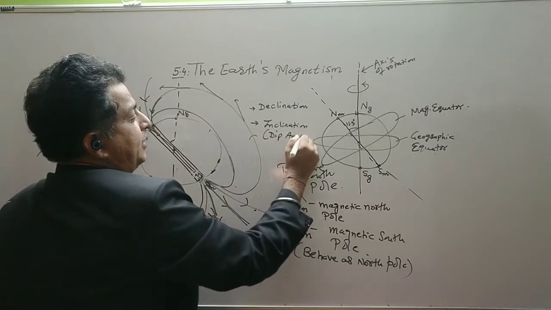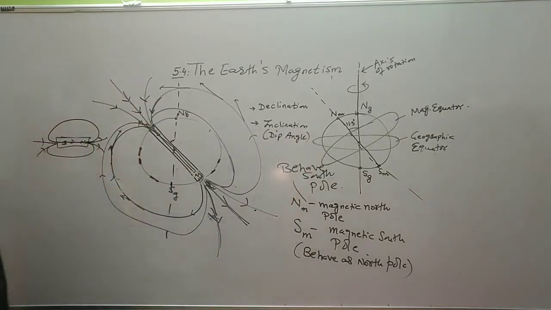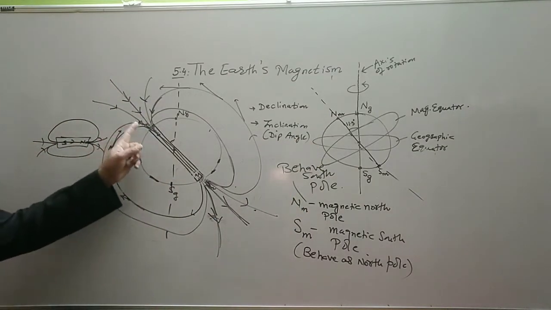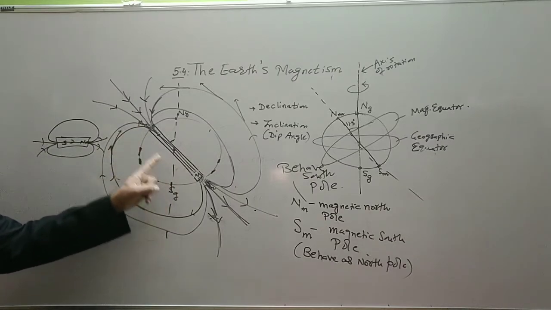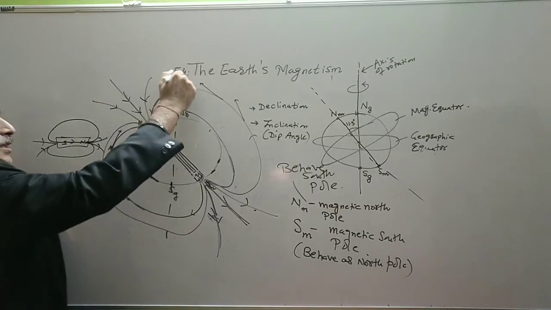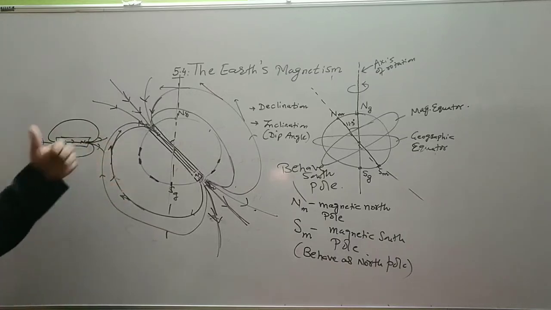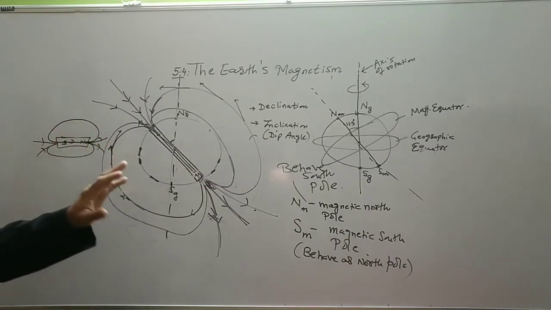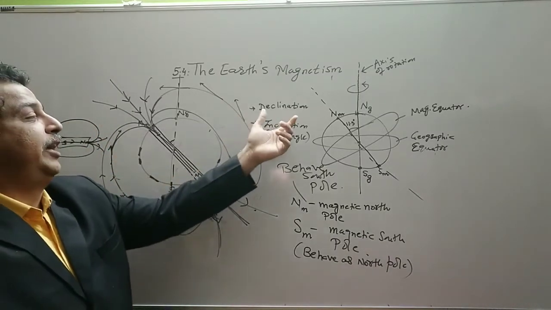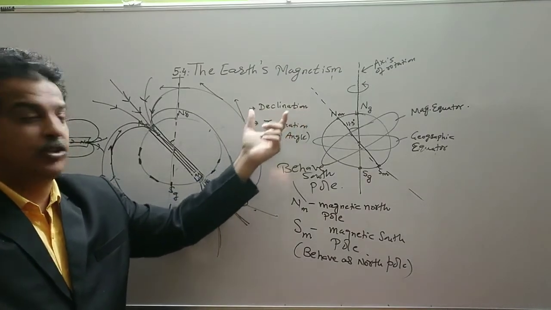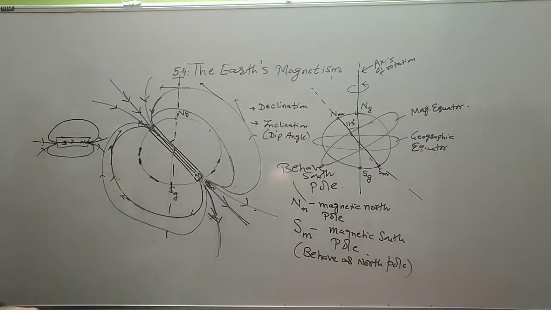Because in the earth there is no such bar magnet, but this hypothetical bar magnet does not coincide with the axis of rotation, it gives rise to the two elements of earth's magnetic field, that is, the angle of declination and the angle of inclination, that is, the dip angle.